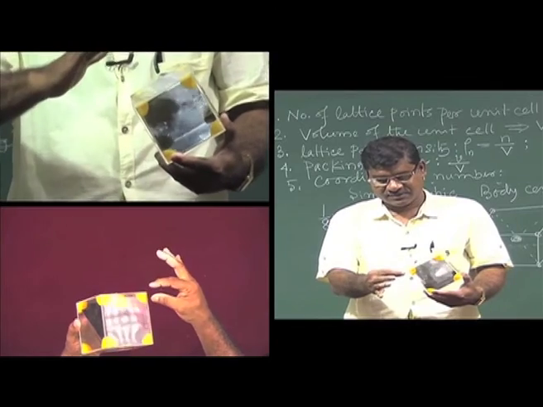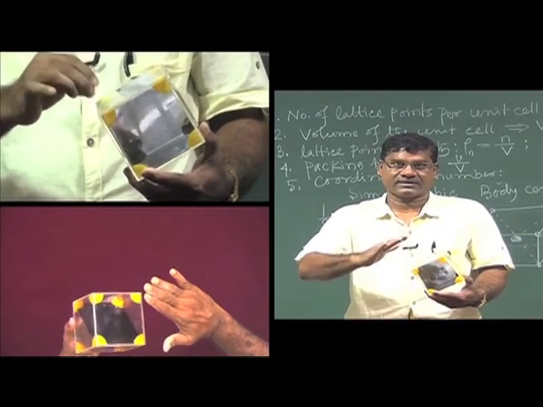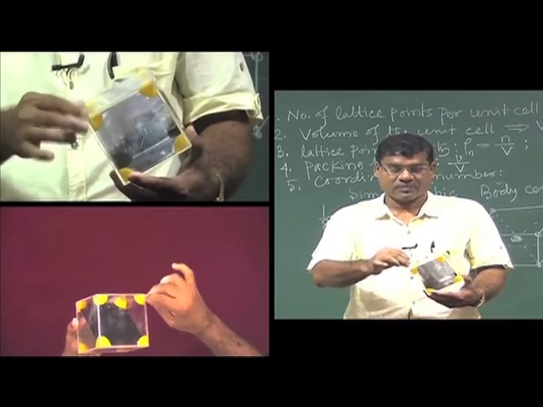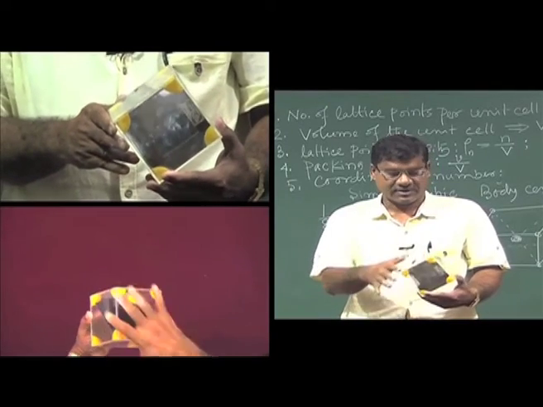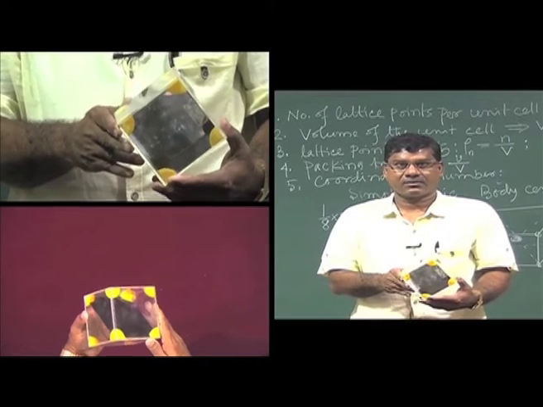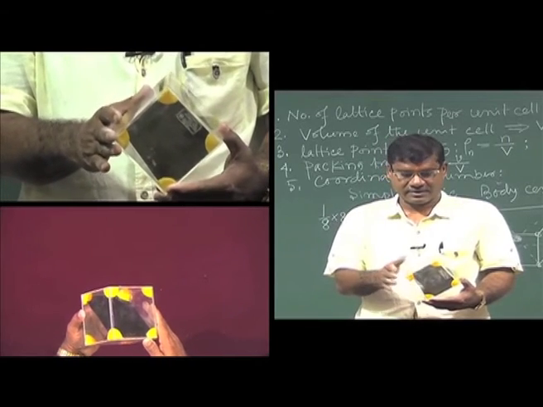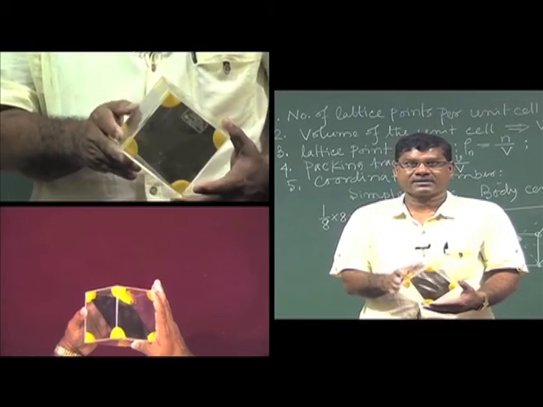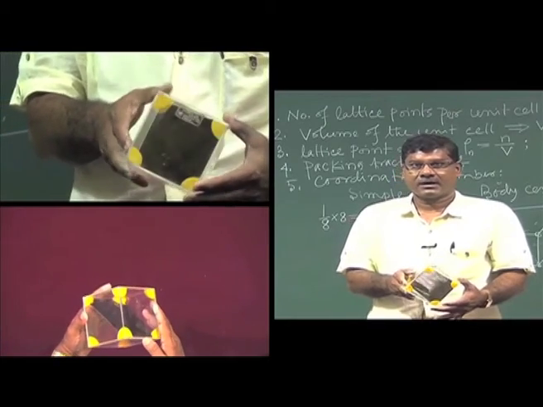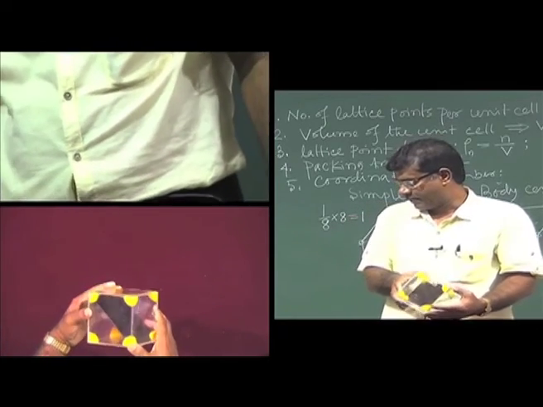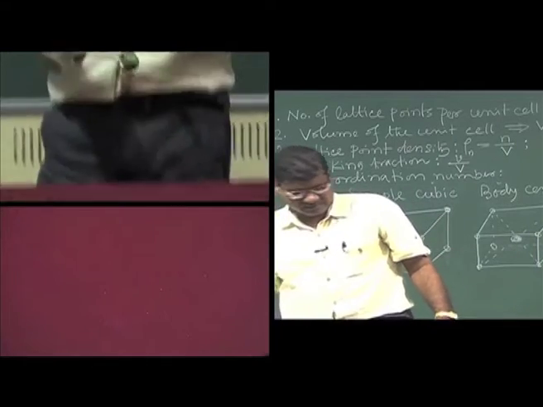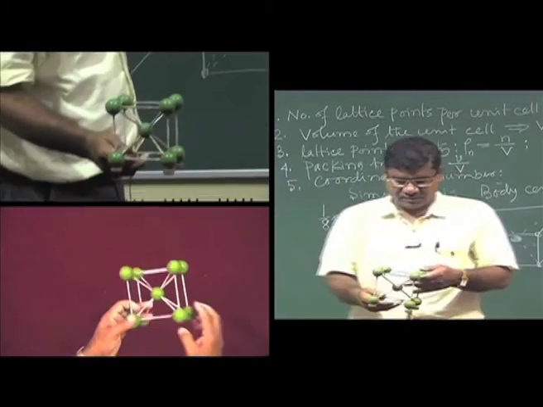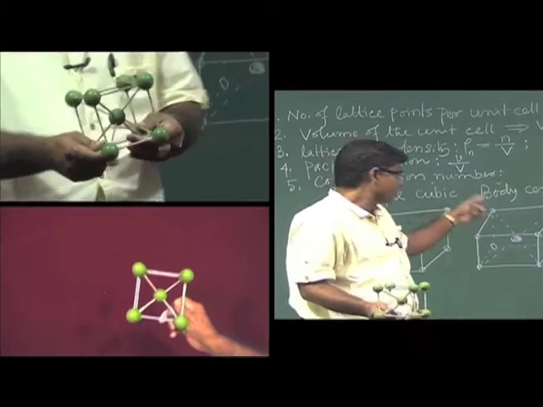So, this will be half, and the top 4 parts will give half. So, for 8 corners, 1/8 into 8 lattice points, effectively that will give 1.